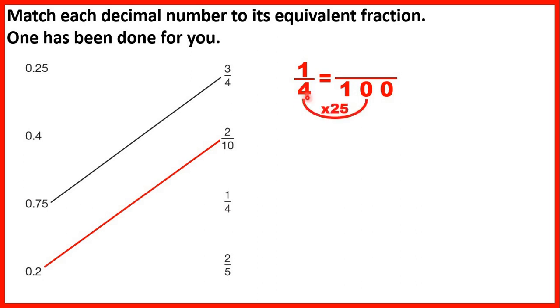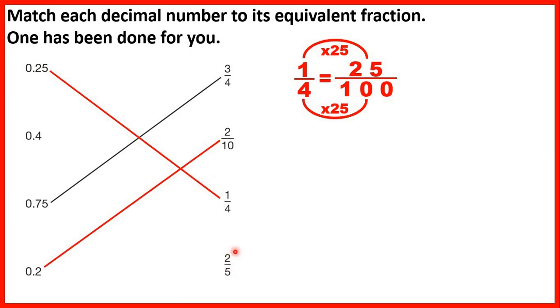But if we multiply 4 by 25, we do get 100, and so we can do the same to the numerator, and we found that 1/4 is the same as 25 hundredths, so that's 0.25. The hundredth digit is the second digit after the decimal point, which means that the 2 gets pushed over into the tenths. So 1/4 is 0.25.